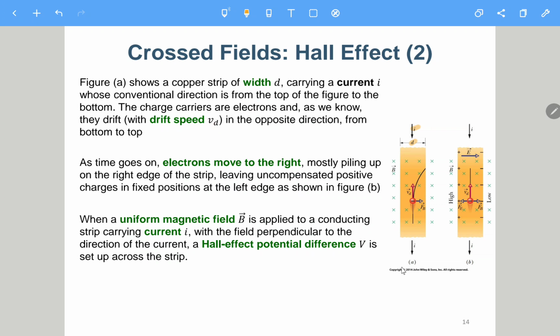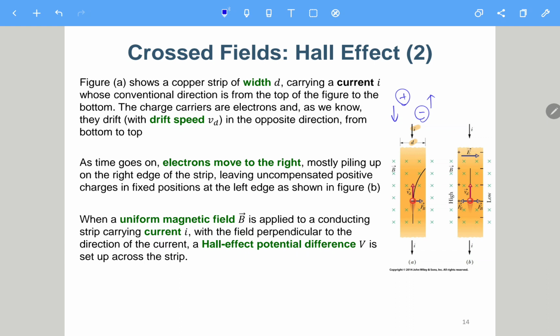If it is positive charge, the positive charge should be going like this, or if it is a negative charge, it should be going in the opposite direction. Before that, we don't know which one is correct yet.